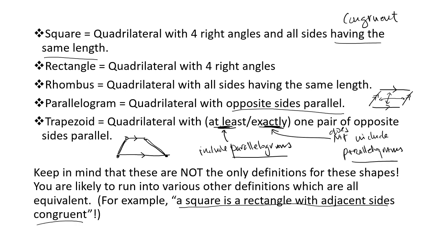It's based on knowing what a rectangle is, and it uses this idea of adjacent sides being congruent rather than anything about opposite sides. So it's a slightly different version, but it means the same thing. Depending on which book you use, where you look on the internet, or who you ask for help, you may see different definitions, but they should all point to the same type of object. Just know that there are different ways of defining these objects.